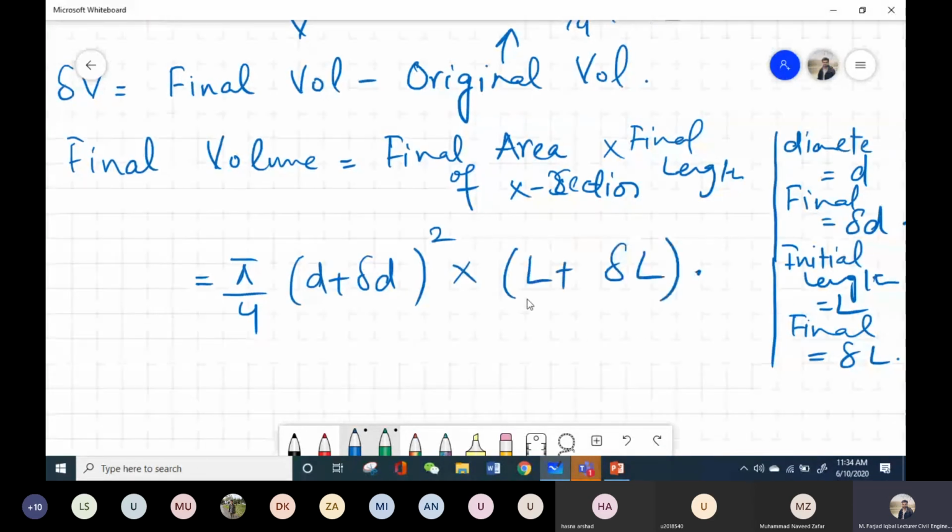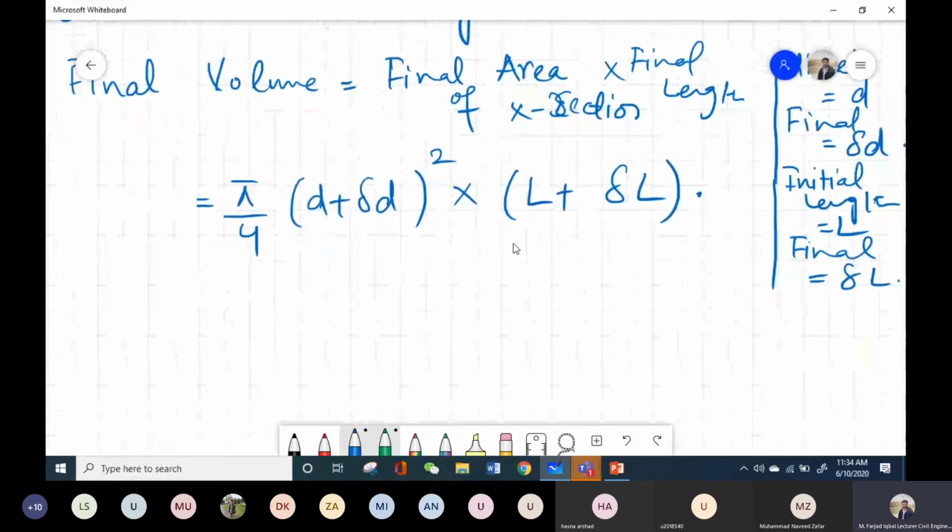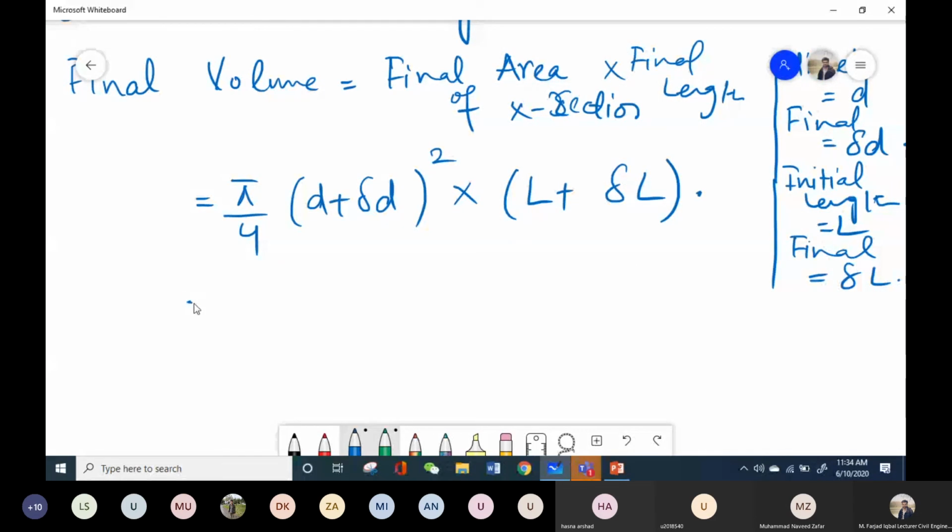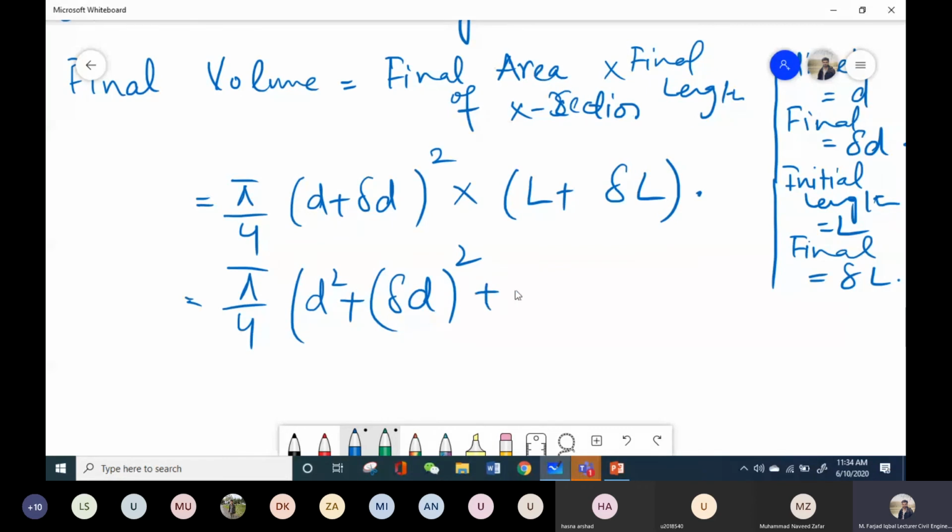So any confusion up till this point? If there isn't any, we can move on. We just need to simplify this formulation. That is pi by 4 (d square plus delta d whole square plus 2d delta d) into (L plus delta L).